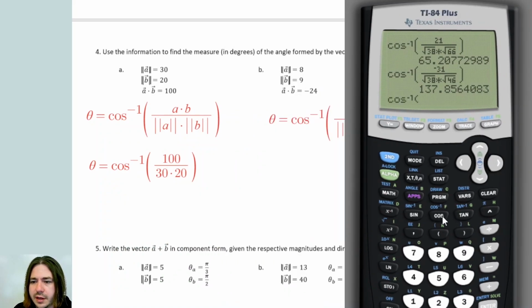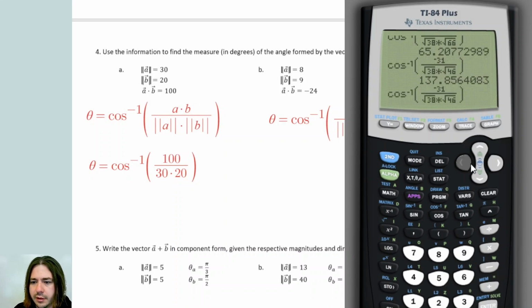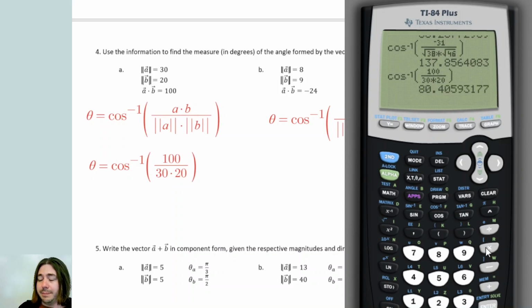The inverse cosine, well here, let's just do what we were doing earlier, of 100 over, we don't even need the square root here, so it's just 30 times 20. And we get about 80 degrees.